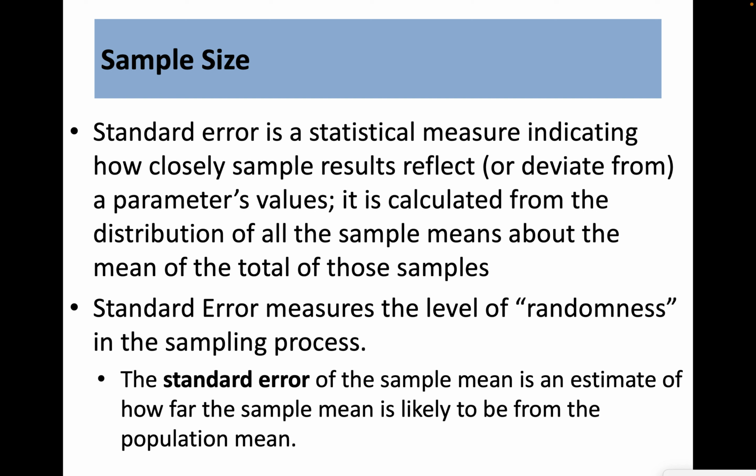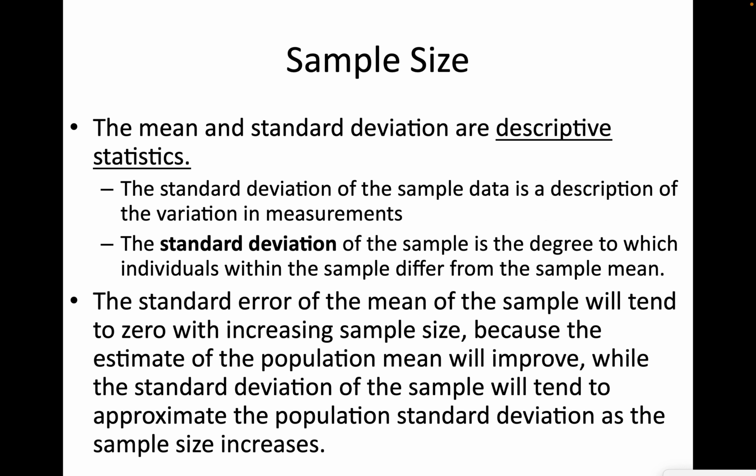What are we talking about here? We're talking about a statistical evaluation of how far apart your results are from your expected results. That's all we're talking about, standard error.